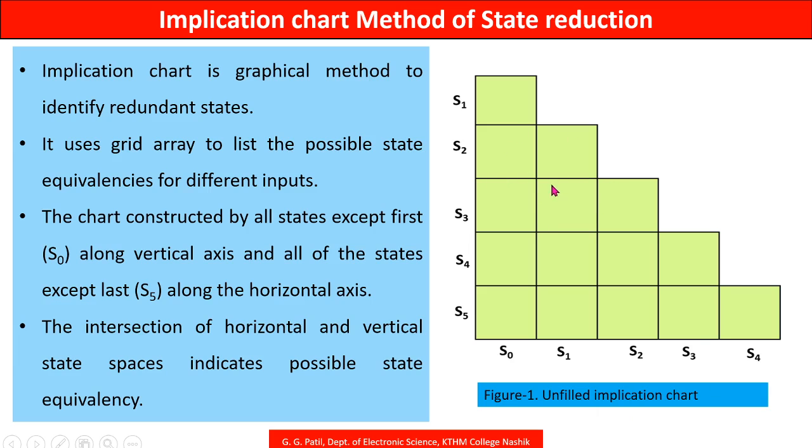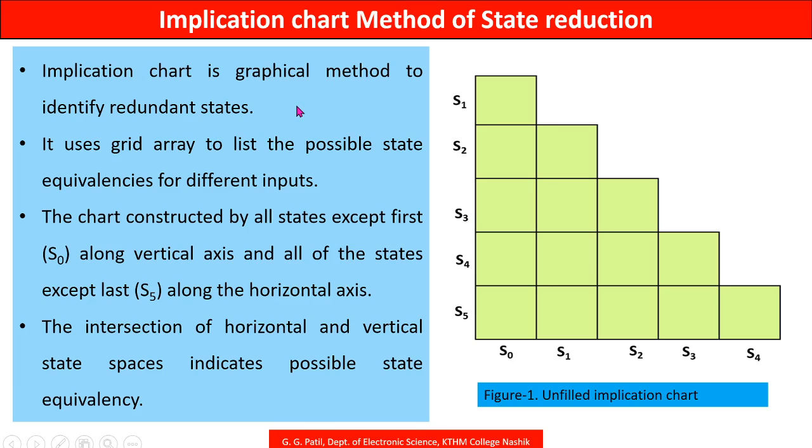The example taken of sequential state machine contains 5 states from S0 to S5, and the states are to be arranged in the form of a grid like this. First, implication chart. The implication chart is a graphical method to identify redundant states.